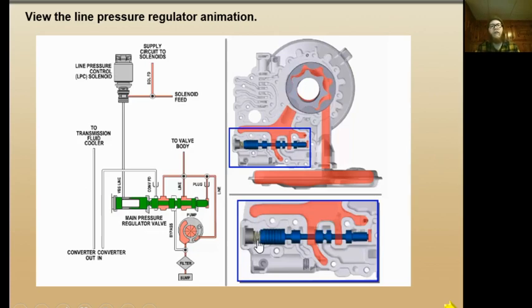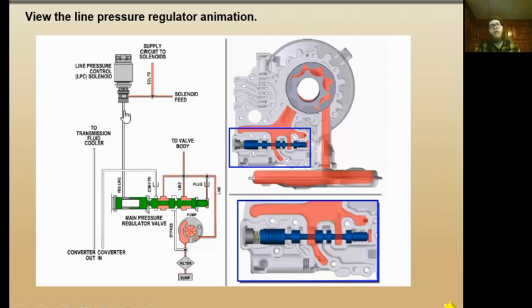If I turn it off, then it's just this tiny little spring in there that's pushing back against that main regulator valve, and pump pressure will win that battle, and the valve will shift over in that way, and it will limit the amount of fluid that can flow past the valve, which will also limit the amount of line pressure that is supplied to all of my apply components and their subsequent solenoids and regulator valves.